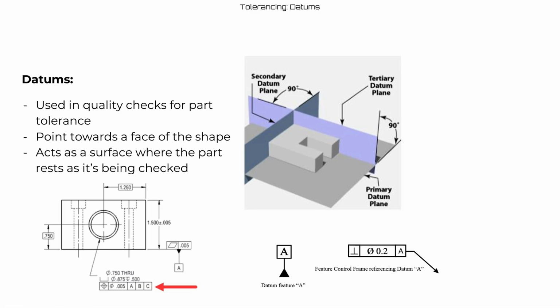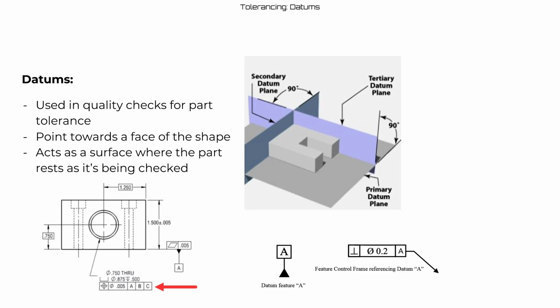We can move on to the next slide. Okay, so datums. What the heck are datums? Essentially, they're reference points for when quality checks are being performed. You can think of datums as a surface where the part rests and where it's being checked. As an example, in this picture, you can see that datum A is leading towards the bottom surface, so it's going to be constrained on a flat surface.